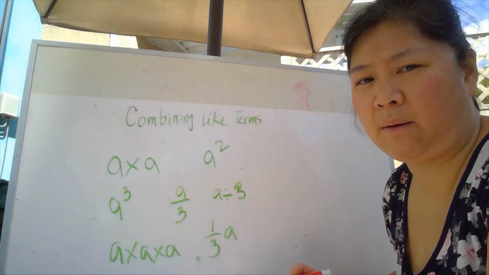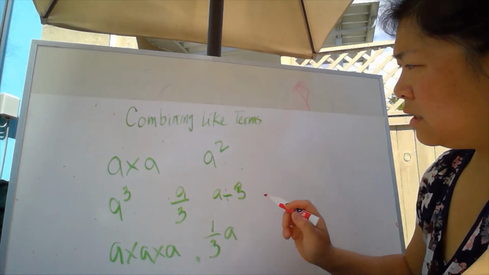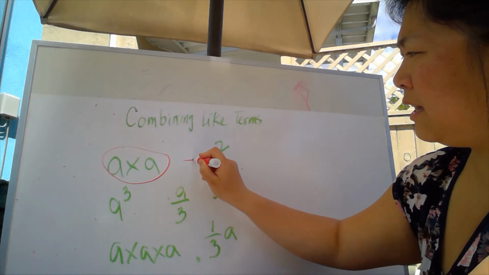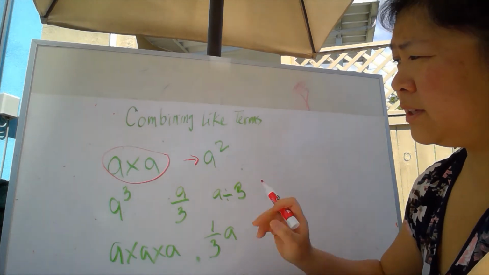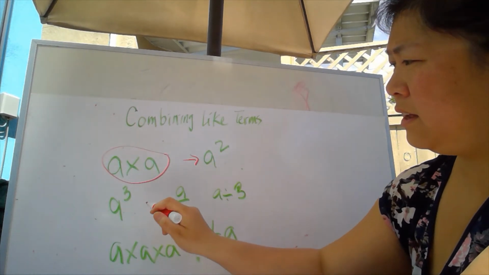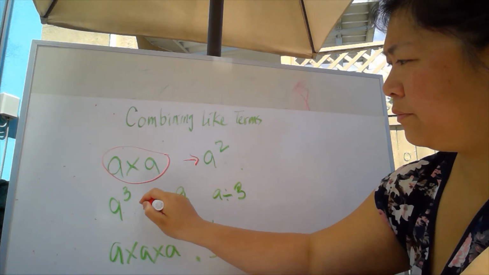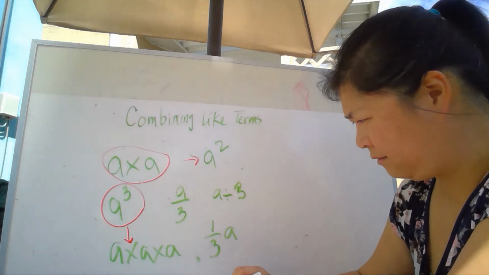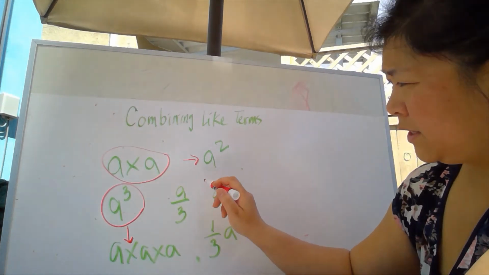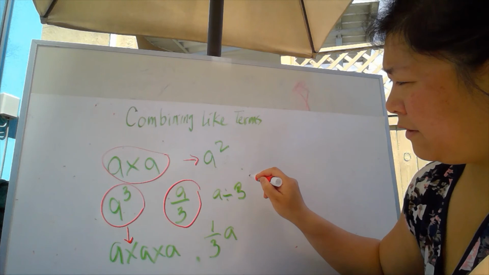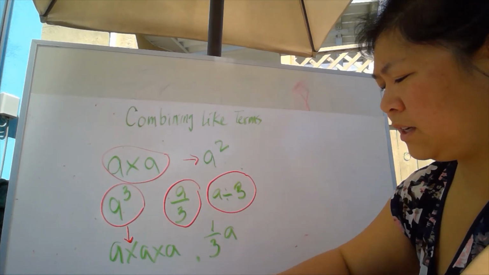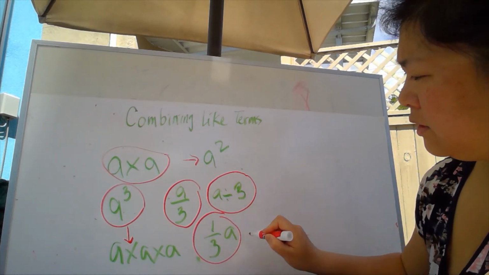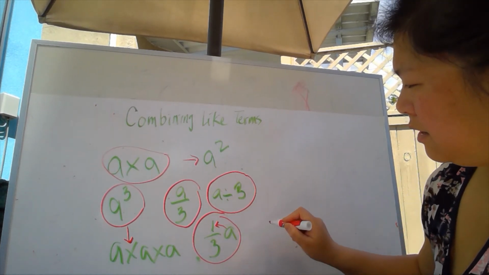What are the same? When you look at these, a times a is the same as a squared. So they're the same groups, okay? A cubed is the same as a times a times a. Obviously this one here is the same as a divided by 3, it just looks different and is written differently. But this is essentially the same thing as well, because a goes on top, and becomes a over 3.